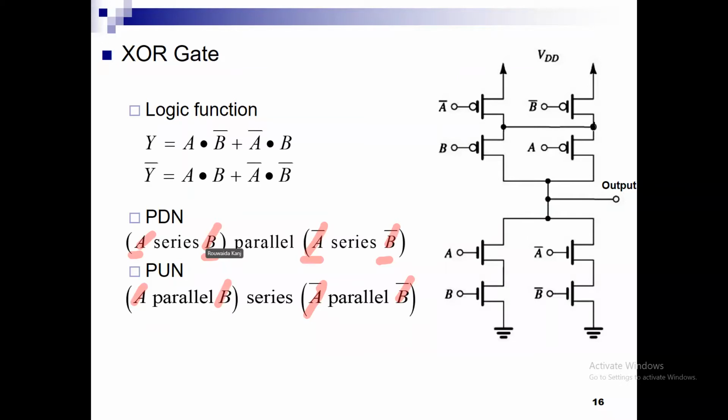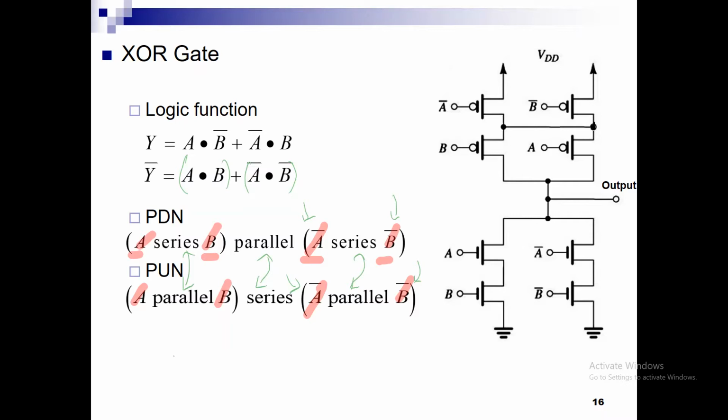I just replace parallel with series and series with parallel, and I obtain the dual. Also be careful to keep the bracketing the same, so the precedence remains the same when I'm drawing the dual pull-up network.